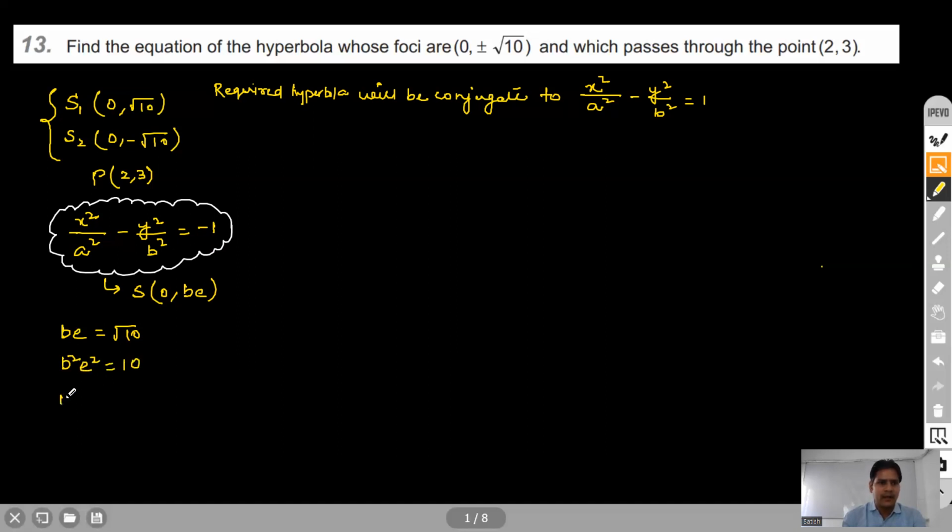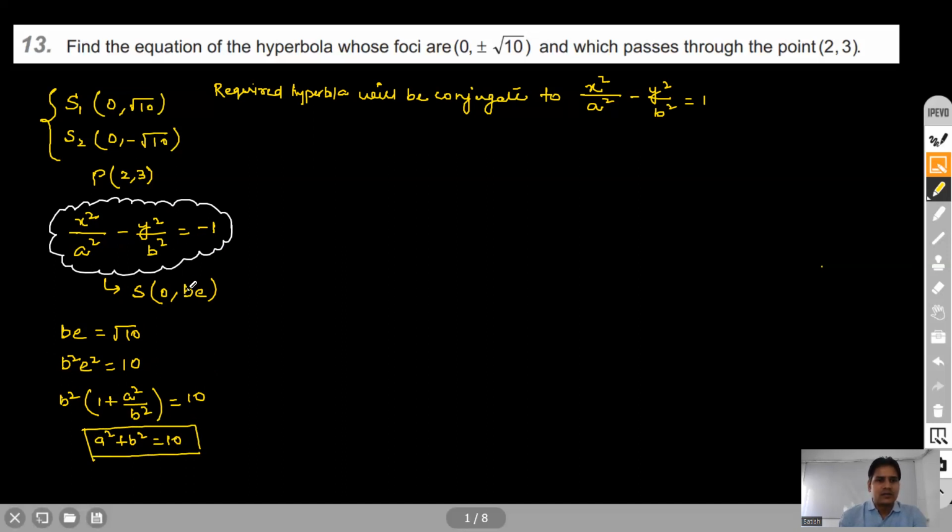Now, the eccentricity of this conjugate hyperbola we used to give by 1 plus a square upon b square, so b square times (1 plus a square upon b square) is equal to 10. If you take b square LCM, it will cancel this b square and we will have a square plus b square is equal to 10. So this one equation we got.